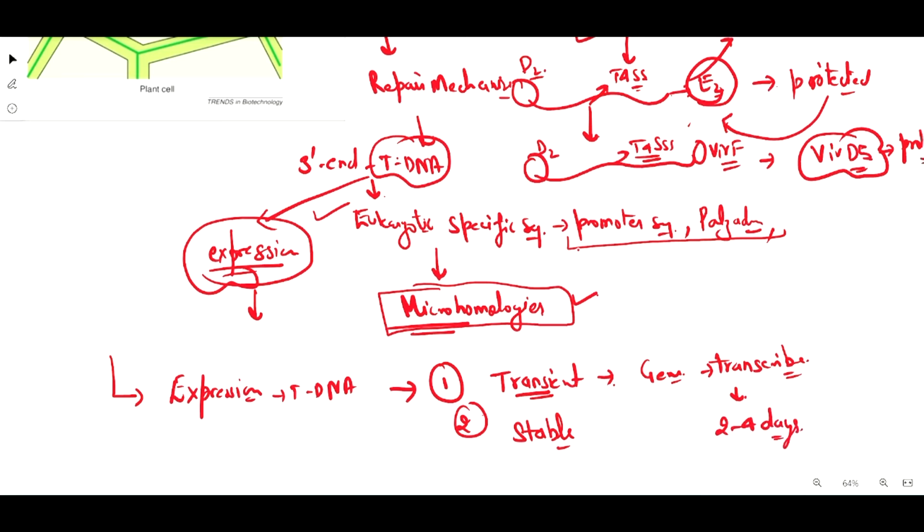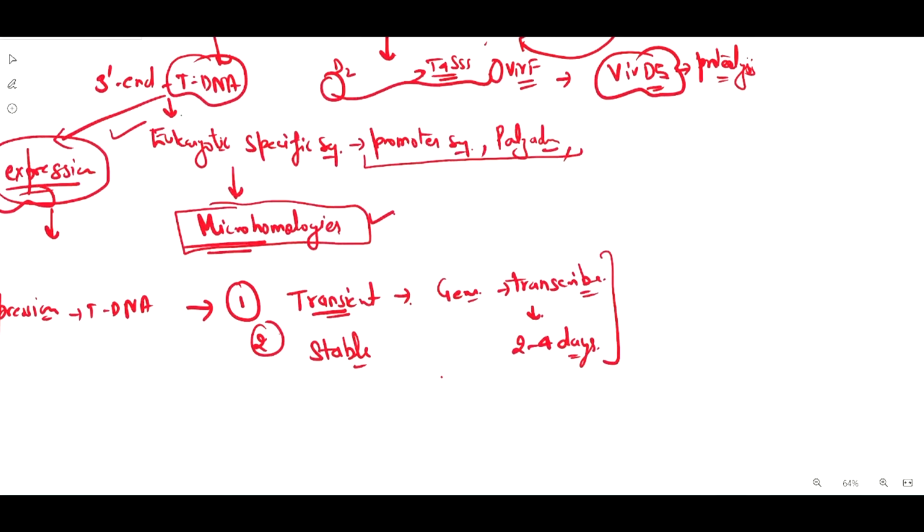In this situation, if the expression is transient, the T-DNA will not be transferred into the progeny. Whereas in the case of stable transformation, the DNA gets integrated into the host, and it will also pass through the progeny.